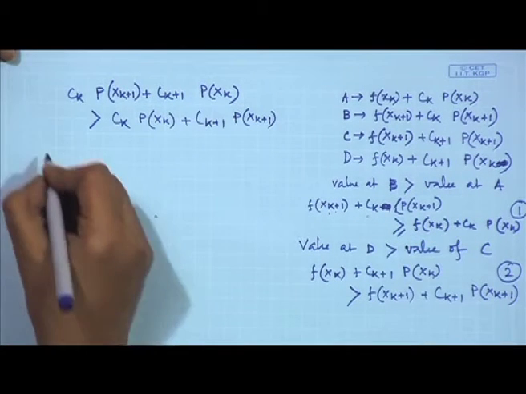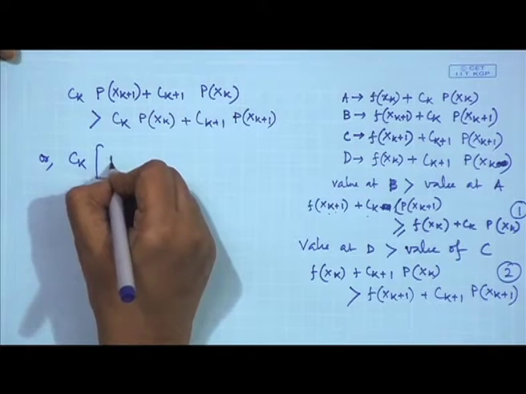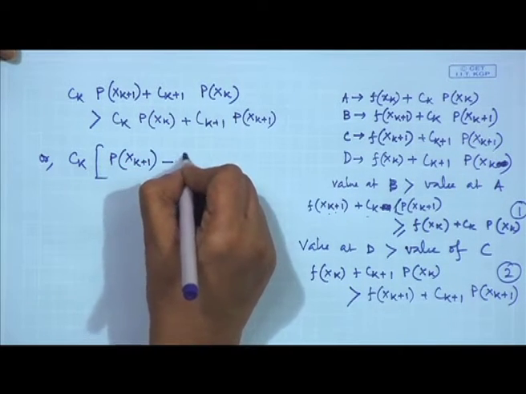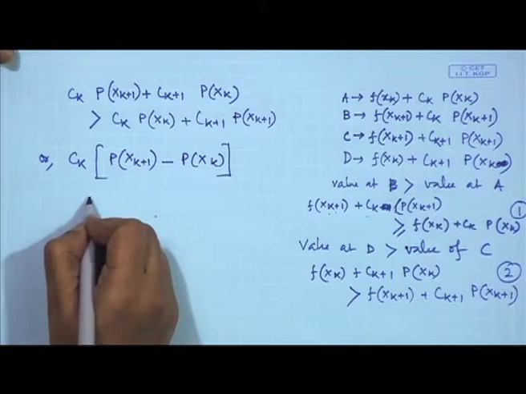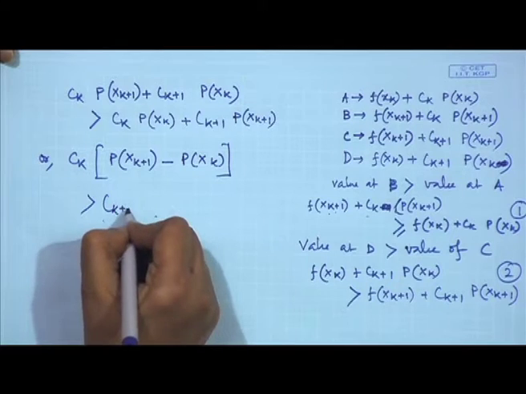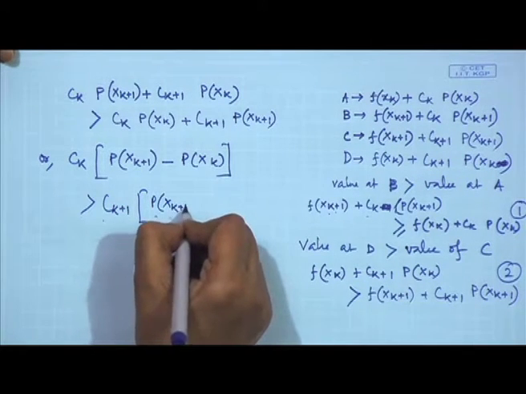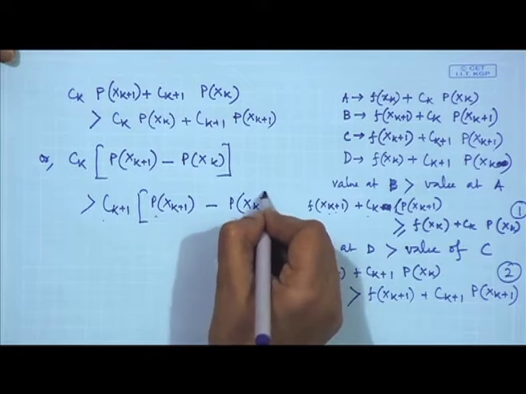Okay. Or we can have c_k together, p(x_{k+1}) minus p(x_k) is greater than c_{k+1} times p(x_{k+1}) minus p(x_k).